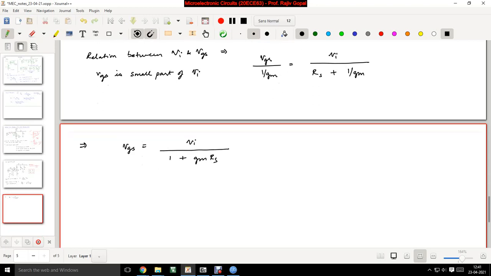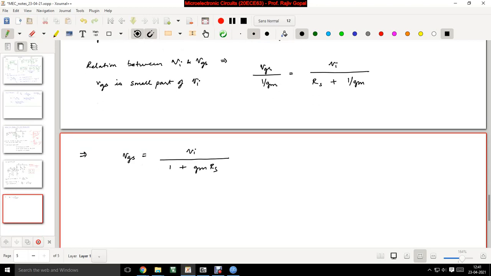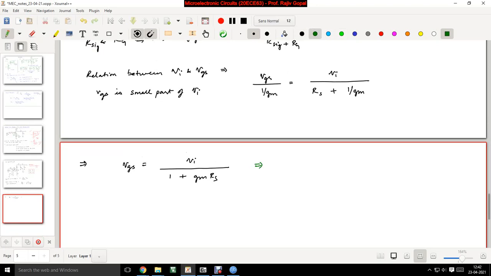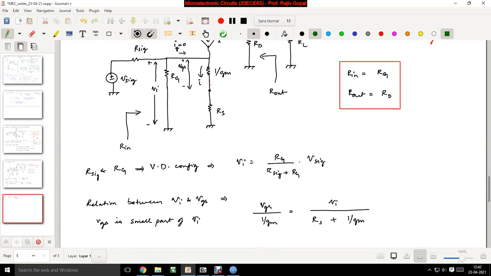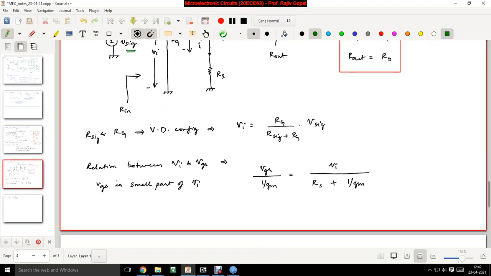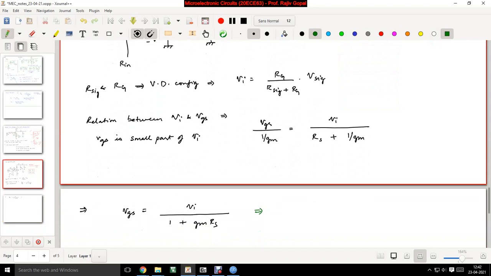Yeah, correct. VGS is equal to Vi by 1 plus Gm into Rs. Now, two things you can observe here. One thing is Vi is the voltage coming from the signal itself, but when VGS is applied across the gate and source terminal, it gets reduced.